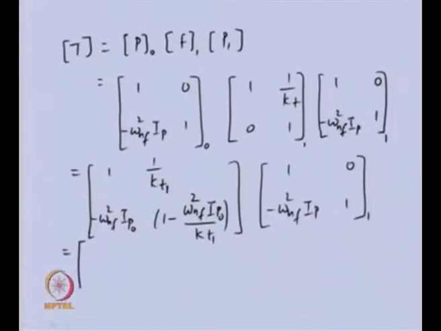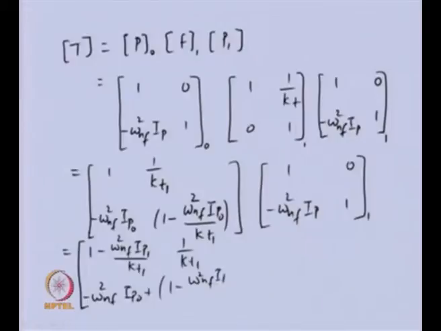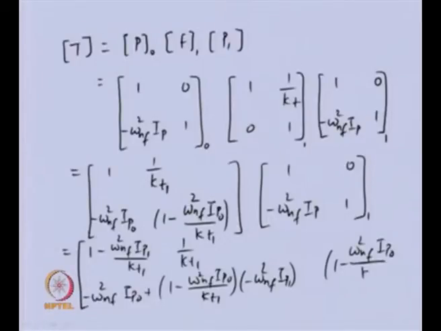Now if we multiply this, we will get IP1 by KT1, then 0, 1 by KT1, and then minus omega_NF IP0, and plus 1 minus omega squared NF IP0 by KT1, and minus omega squared NF IP1, and the last term is 1 minus omega squared NF IP0 by KT1.